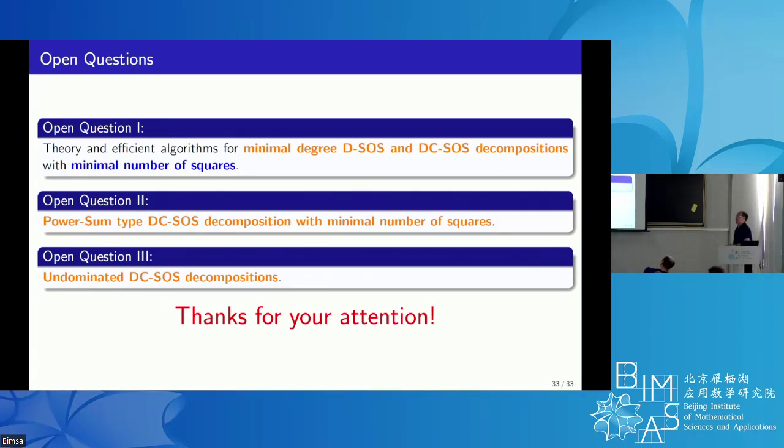What is the topological complexity of the DSOS or DCSOS algorithm? Topological complexity.